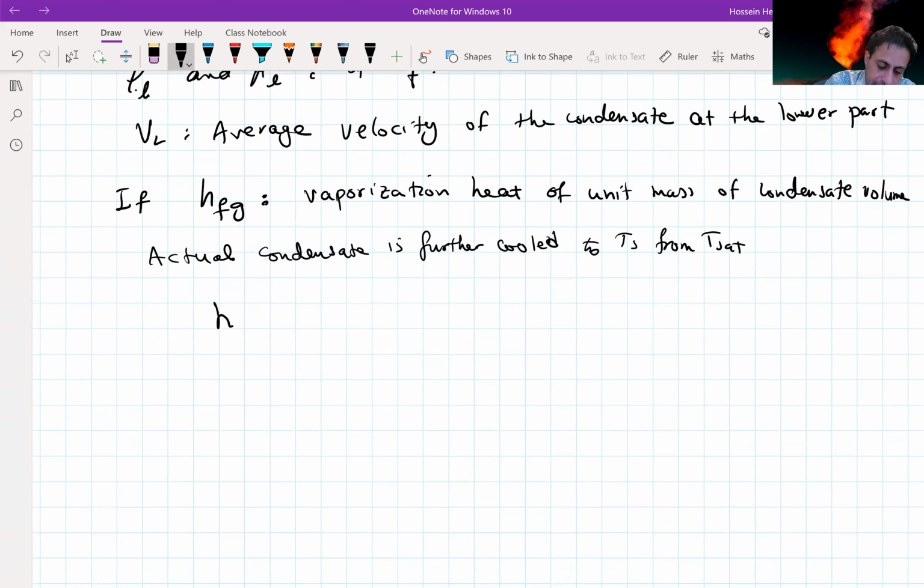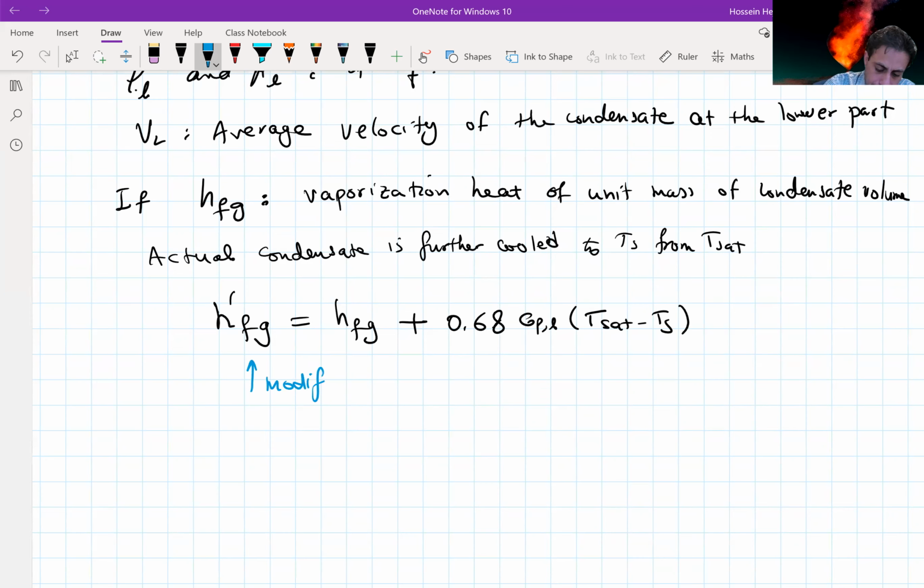So we define a modified HFG, we call it H prime FG, which is HFG plus 0.68 times the specific heat with respect to the liquid, Tsat minus TS. We call this the modified latent heat of vaporization for this condensate.